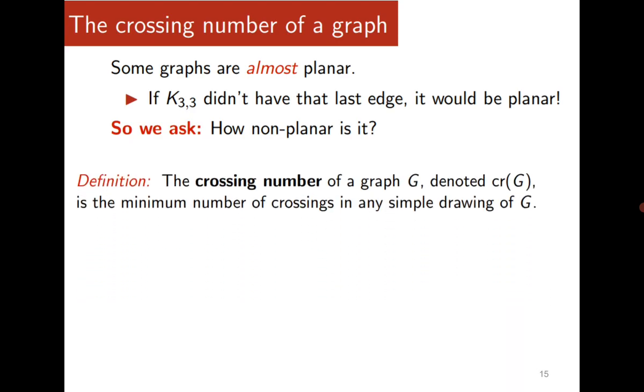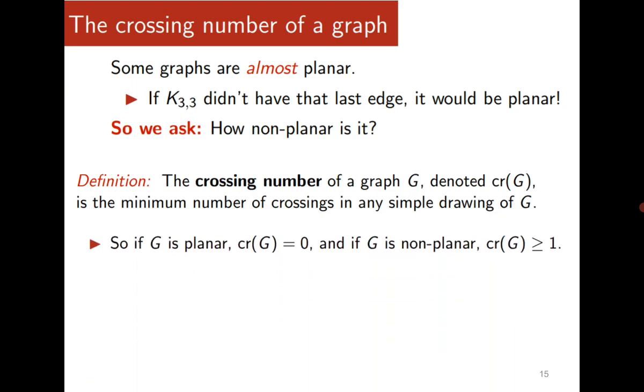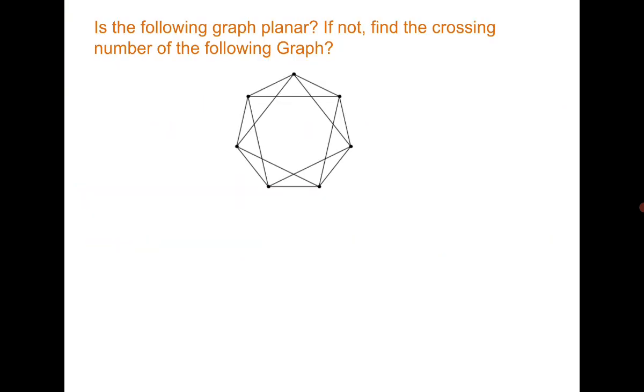It is denoted by CR(G), and it is the minimum number of crossings in any simple drawing of G. Let's see some examples. It is clear that if a graph is planar, then the crossing number must be 0, and for a non-planar graph it should be at least 1. So please do try this exercise by yourself, and you need to find the crossing number for this graph.